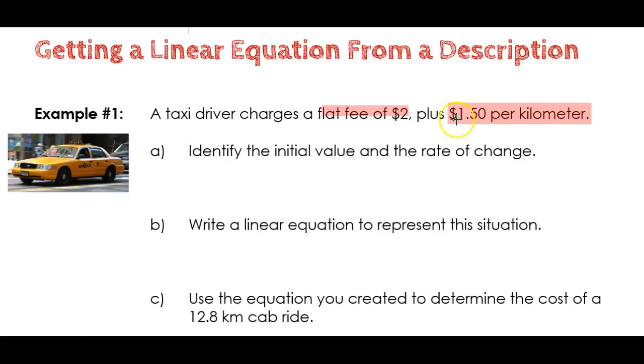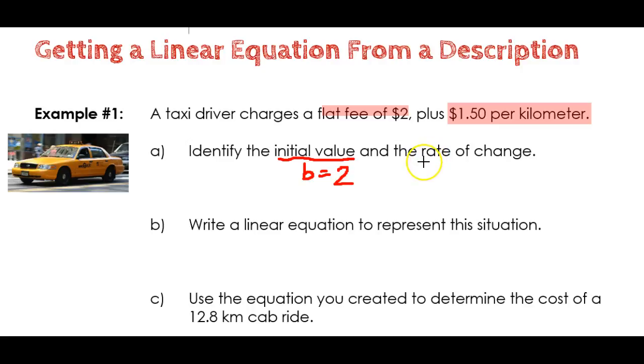All right, so if I'm asked the initial value, we spoke earlier about initial value, that means kind of like a starting point, right? And one of the words that we looked at was flat fee. So the initial value is really my y-intercept. And in my opinion, the initial value is that flat fee, right? And so that means that before I even drive anywhere, this taxi driver is going to be charging me $2.